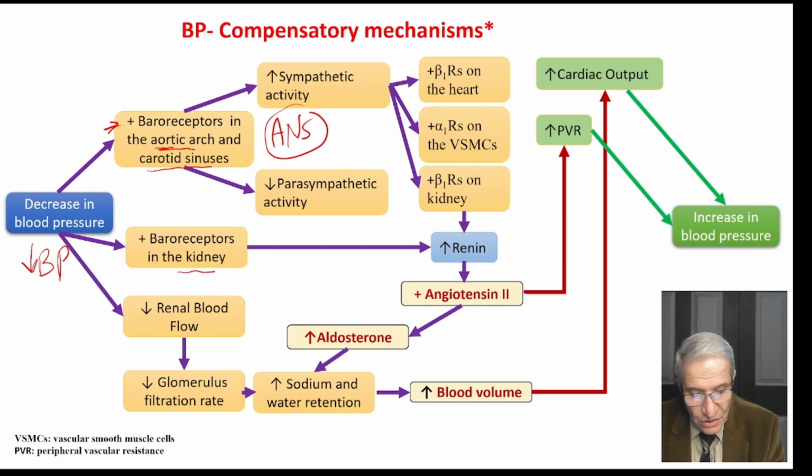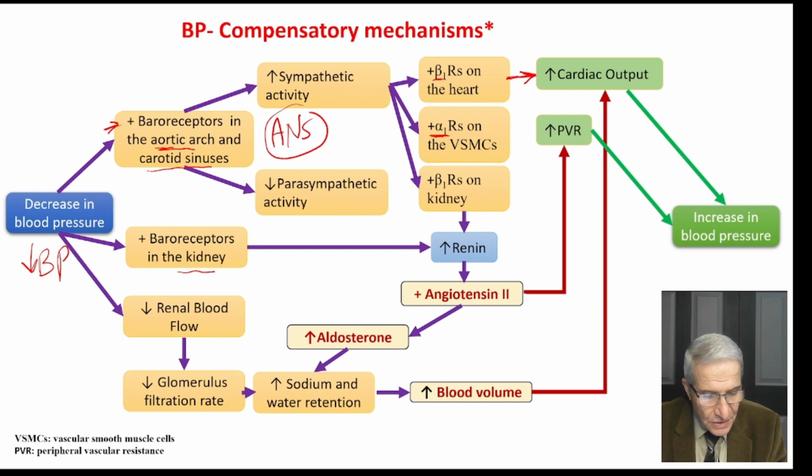Okay, activating the sympathetic system, you remember that from the autonomic nervous system we have two main receptors there. We have beta-1 receptor, which is mainly available in the heart, and we have alpha-1 receptor that is mainly available in the blood vessels. So what happens there? If you activate beta-1 receptor in the heart, this will lead to increased cardiac output and contractility.